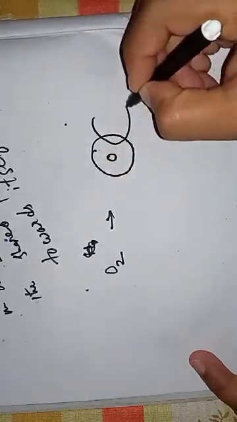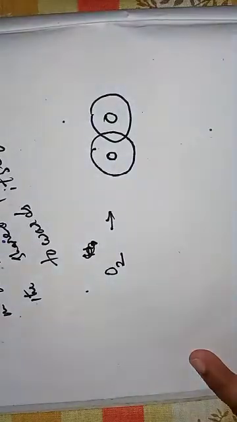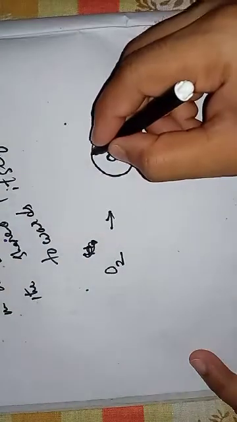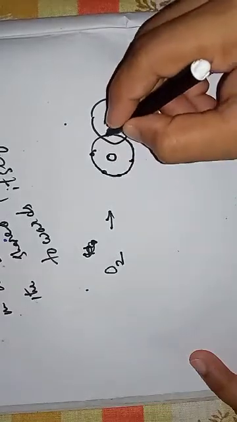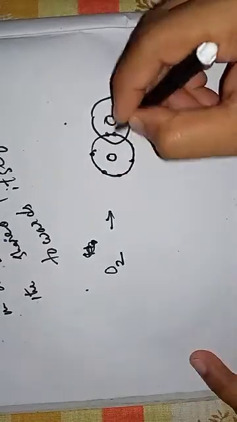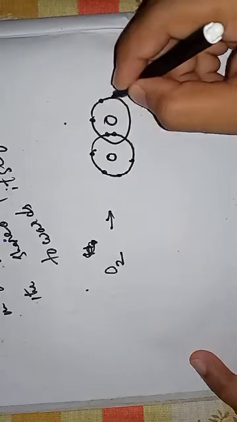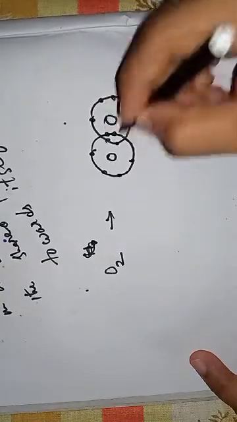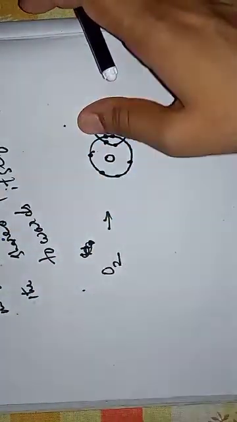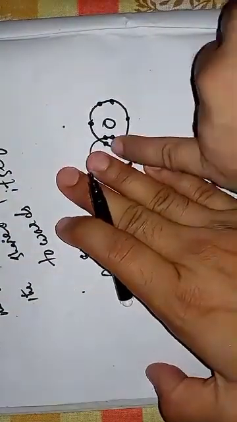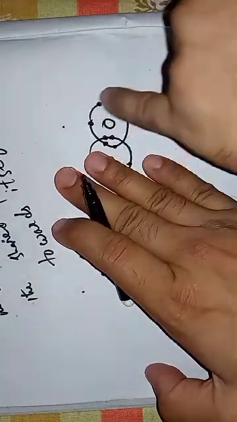I am just taking the last shell of oxygen: 1, 2, 3, 4, 5, 6, and 1, 2, 3, 4, 5, 6. These two electrons belong to the first oxygen atom, and these two belong to the second oxygen atom.